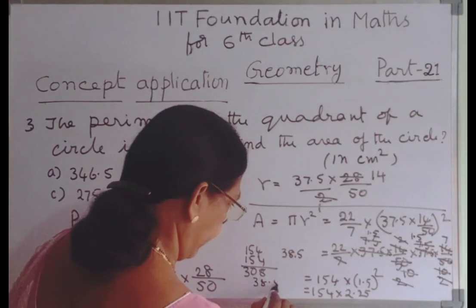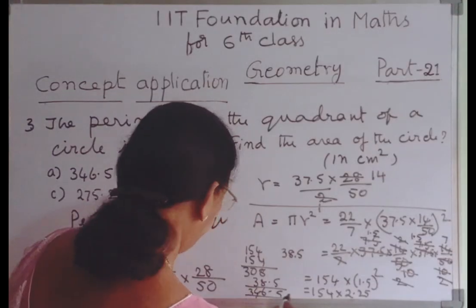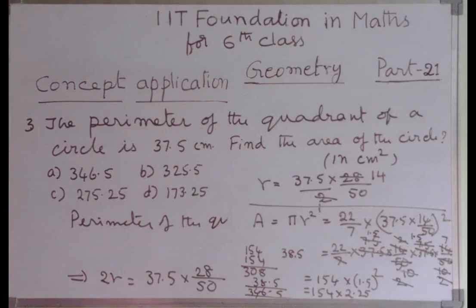So 308 plus 38.5 is 346.5. Therefore, option A is correct, 346.5.